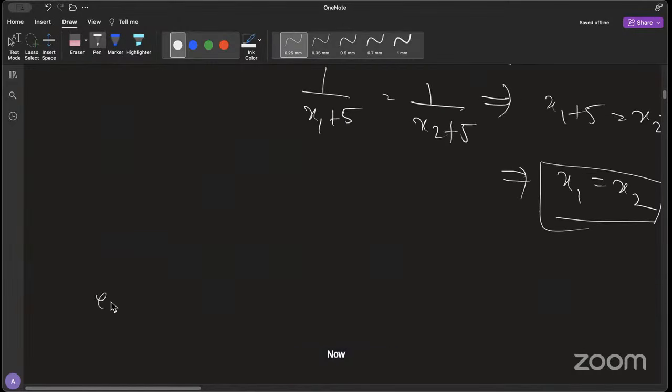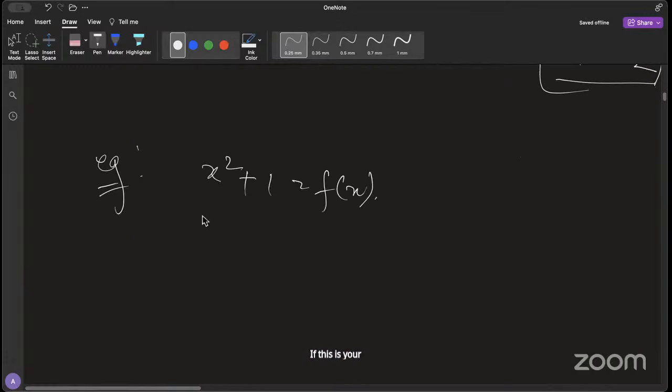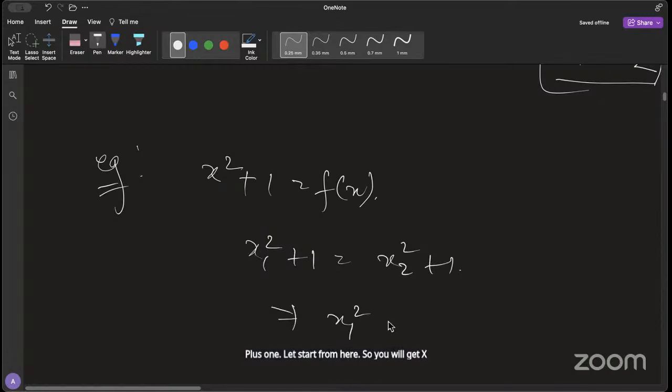Now let's come to one more function, which is, let's take x square this time, or x square plus 1. If this is your function, then you will have x1 square plus 1 is equal to x2 square plus 1. Let's start from here. So you will get x1 square is equal to x2 square. Now from here, can I conclude that x1 and x2 should be equal?